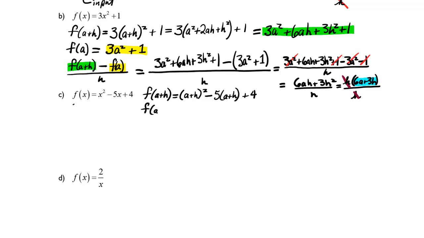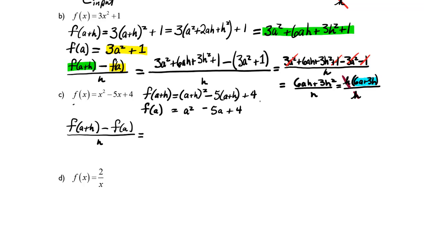And f of a will be a squared minus 5a plus 4. We need to find f of a plus h minus f of a all over h.